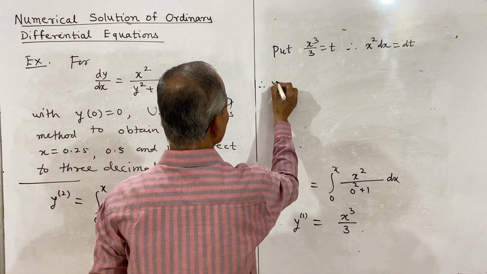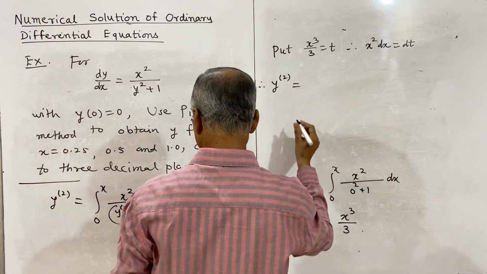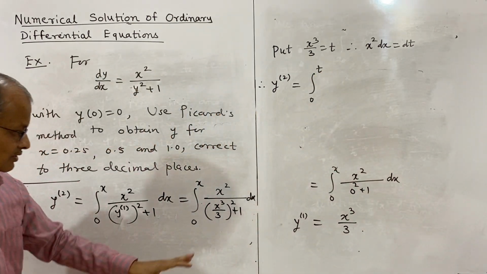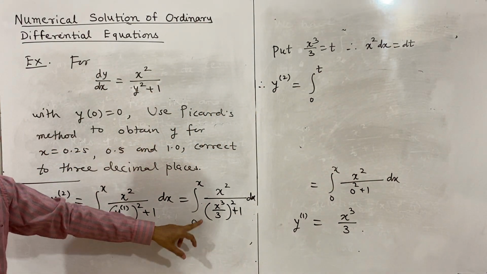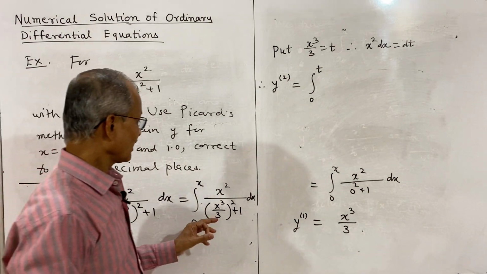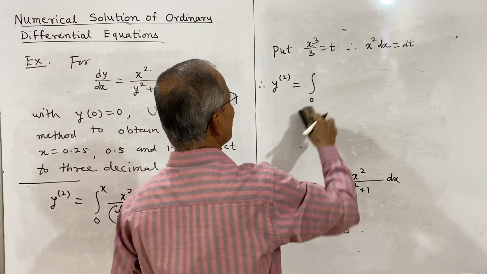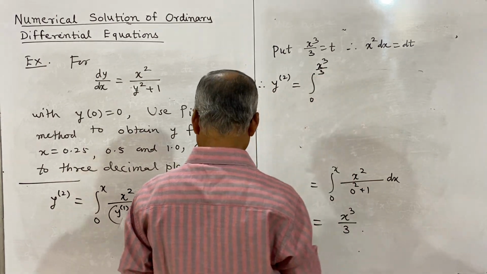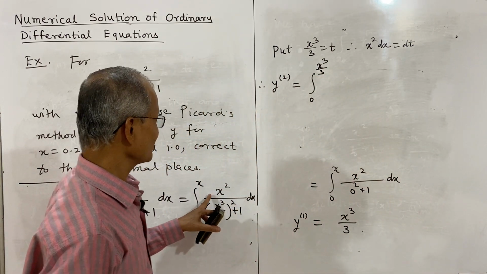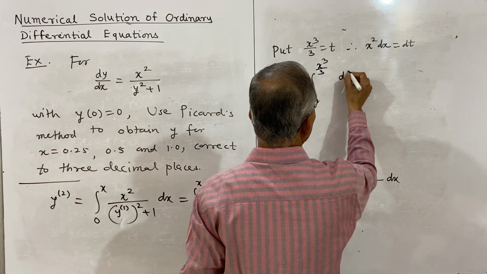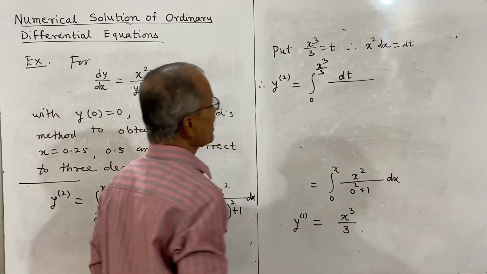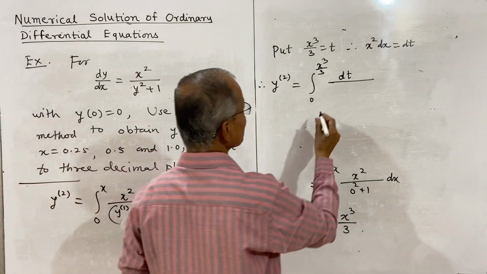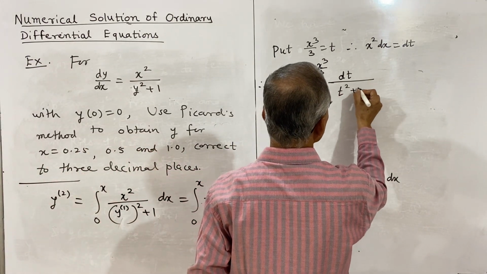So therefore what is y2? The second approximation will be the integral 0 to t. This is the method of substitution we are using to evaluate this definite integral 0 to t, and not t but x cube by 3. The value of t is x cube by 3, and x square dx is dt, divided by t square plus 1.